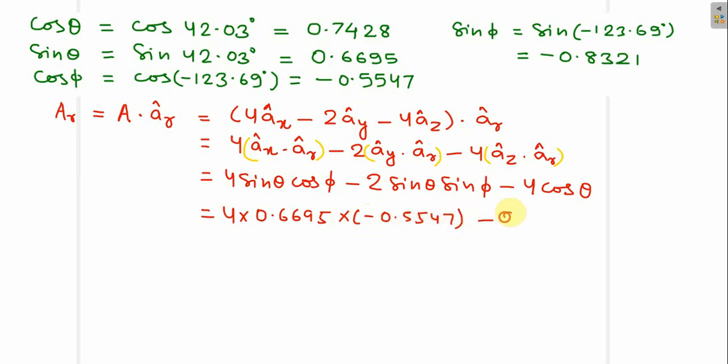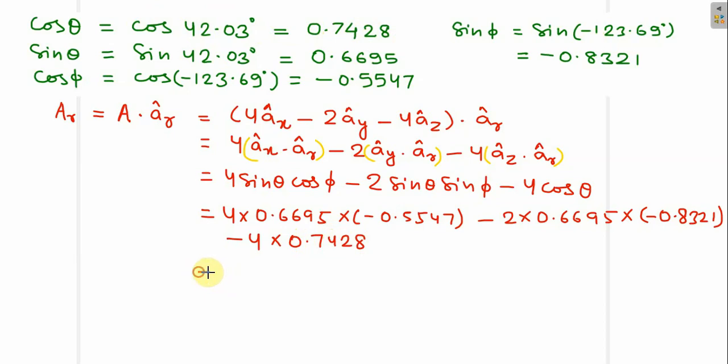Then 2 into sin theta again, 0.6695, multiplied by sin phi. What is the value of sin phi? Sin phi is minus 0.8321. Okay, and what is this cos theta? So we will write here minus 4, and the value of cos theta is 0.7428.